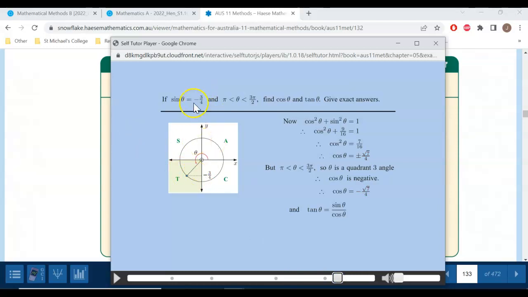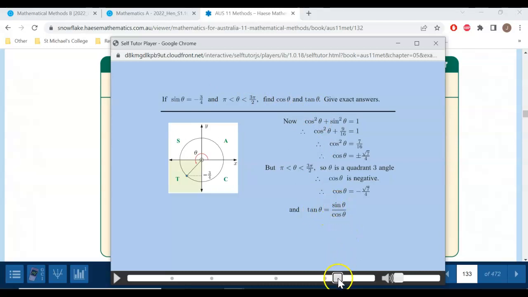We can see that for our sine value of negative 3 over 4, our x value, or our cos value, is going to be negative square root of 7 over 4, not the positive one, because the positive case would be in the fourth quadrant, but we're only interested in anything in the third quadrant because of this condition that's been given. Then they also asked us to find tan.